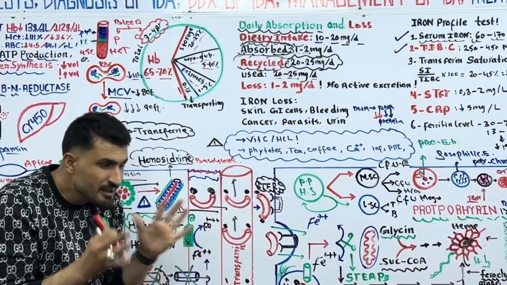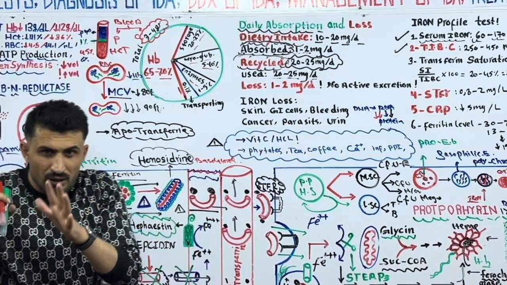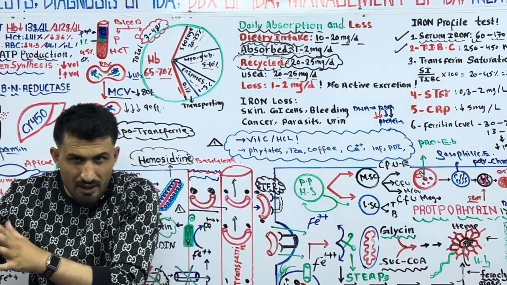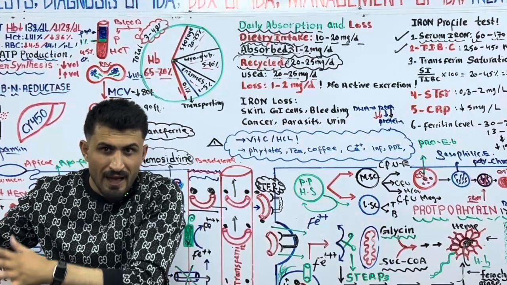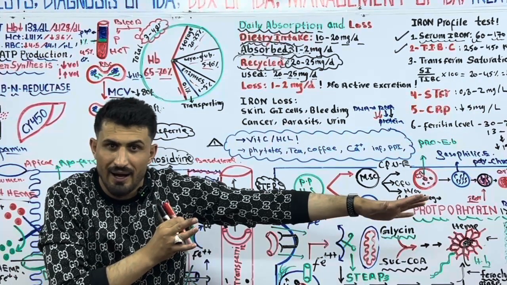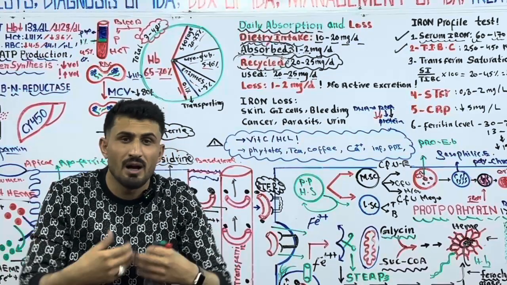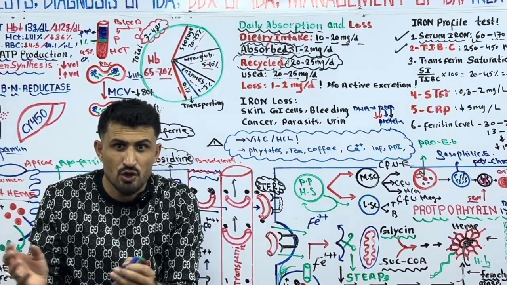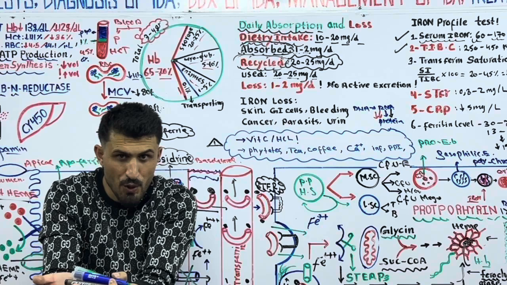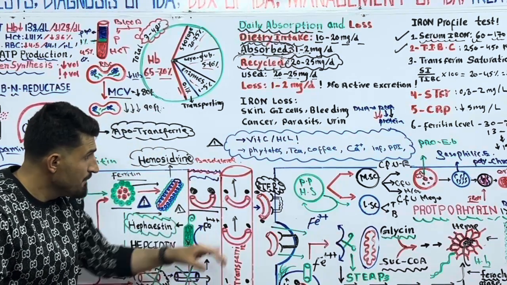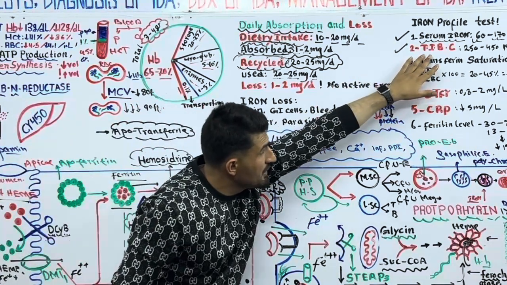It means we have a lot of trucks that deliver cargo to an area. When you load all trucks, you will not have an empty truck to transport further things. So that's why this is called total iron binding capacity.